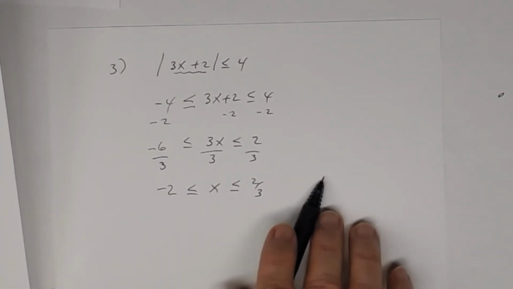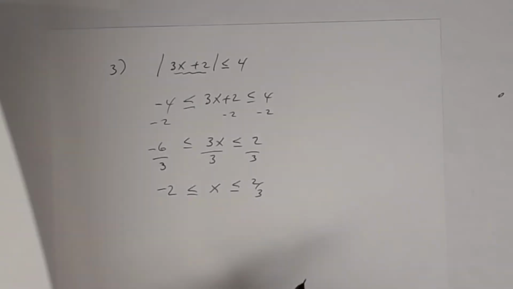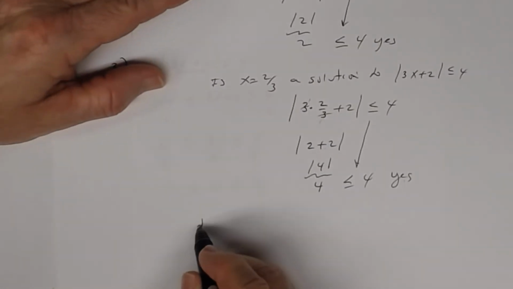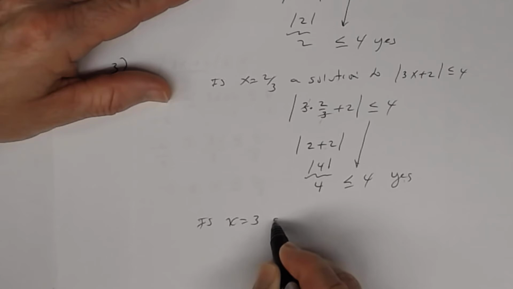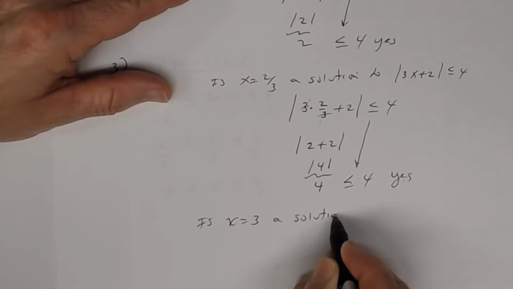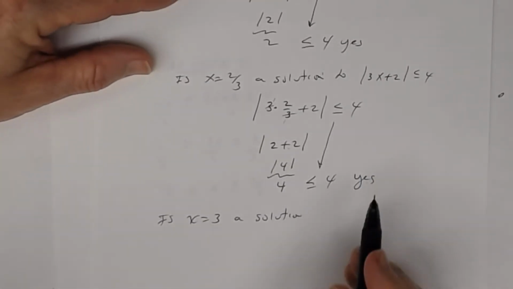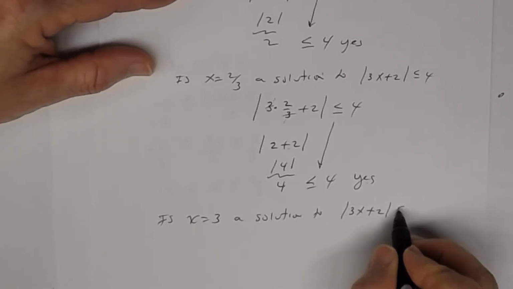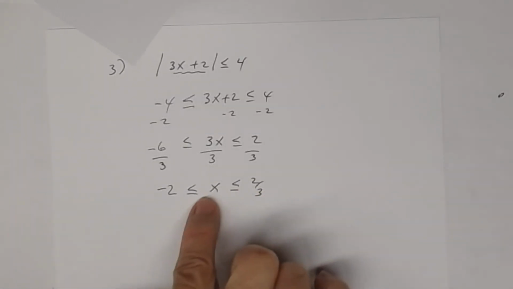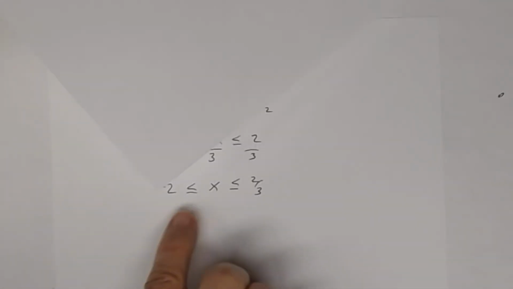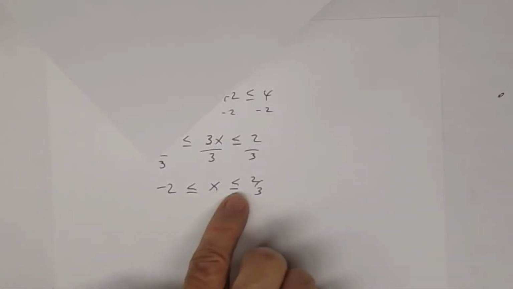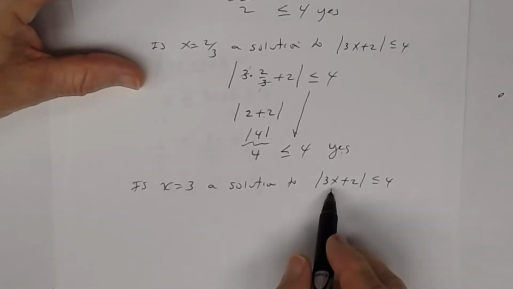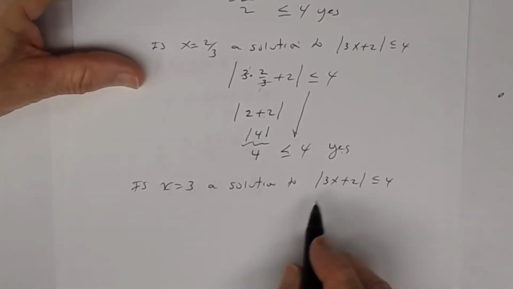Now 3 is not in here. So let's see why 3 is not a solution. Is x equals 3 a solution to this absolute value inequality? We know it's not, because it's not in this interval. It's not between negative 2 and 2/3. So we're going to substitute x equals 3 here.